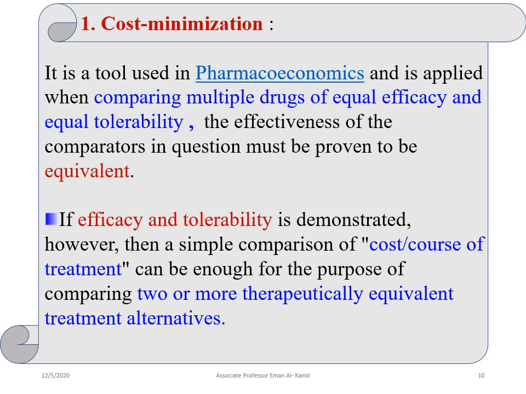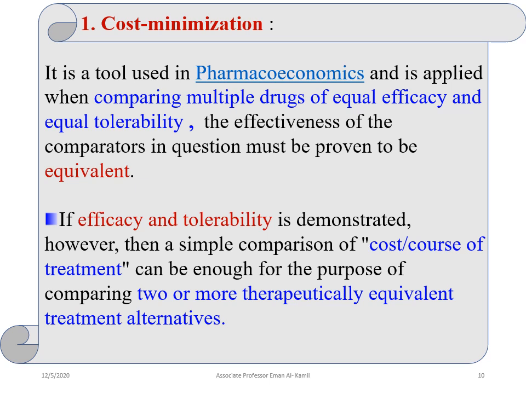We have 2 drugs and they are equivalent. So if efficacy and tolerability is demonstrated, however, then a simple comparison of the cost of the course of the treatment can be enough for the purpose of comparing 2 or more therapeutically equivalent treatment alternatives.